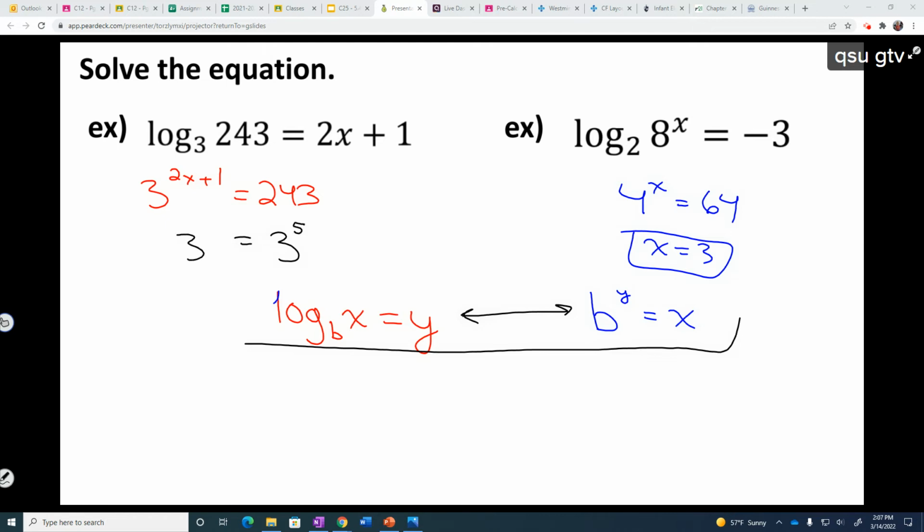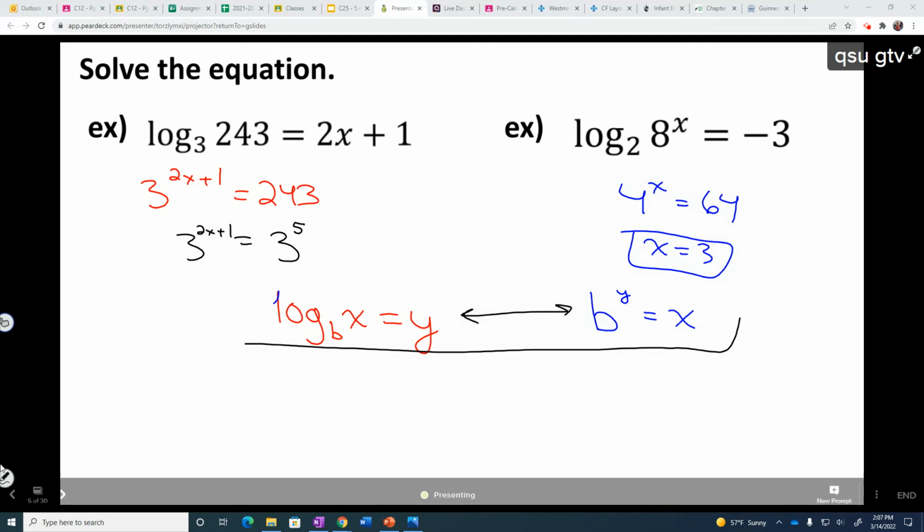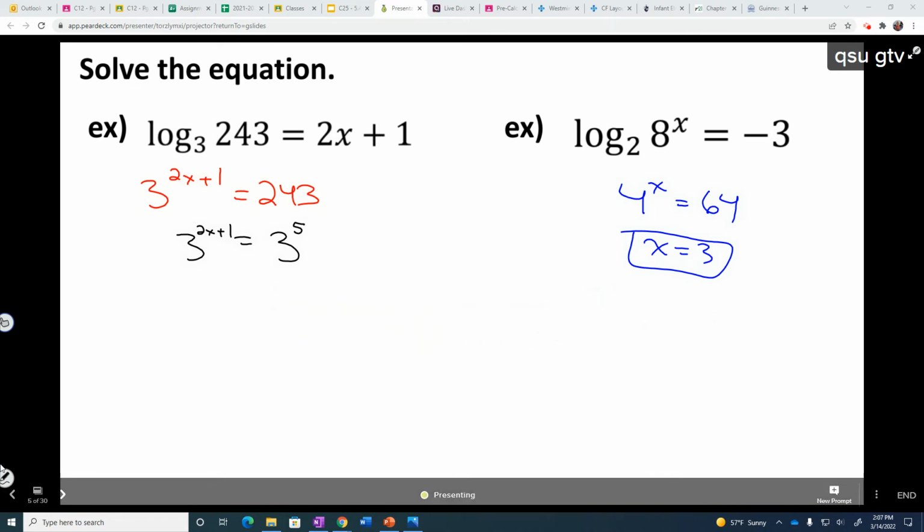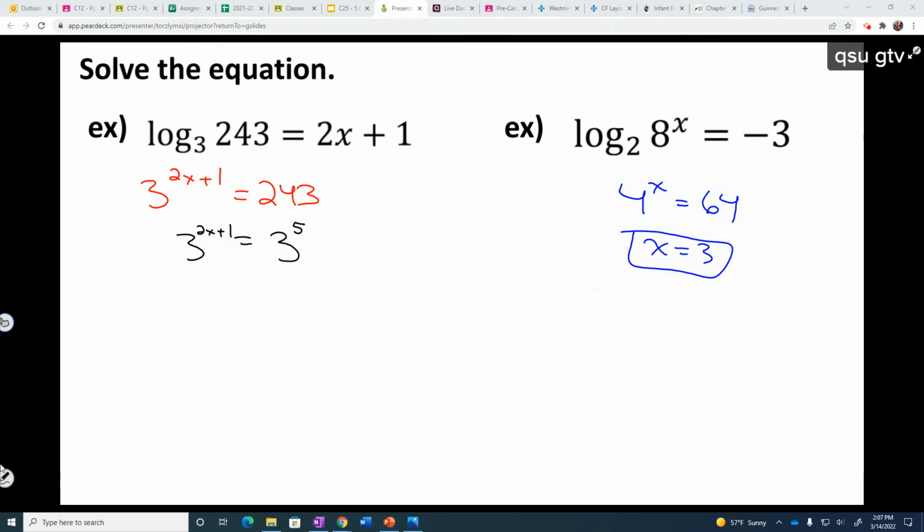So we write this as 3 to the 2x plus 1 equals 3 to the 5th. And then since the bases are equal, you can set the exponents equal. So 2x plus 1 is 5. 2x is 4. And then x is 2.